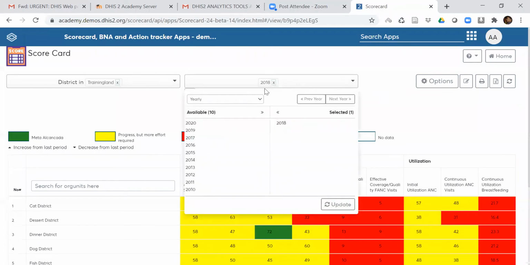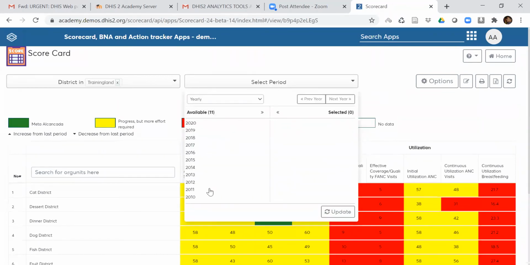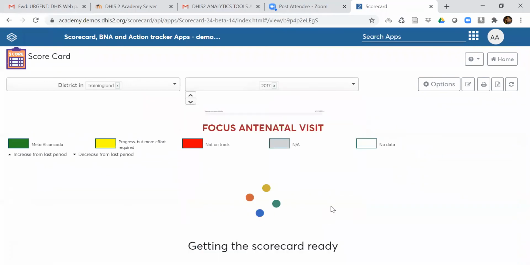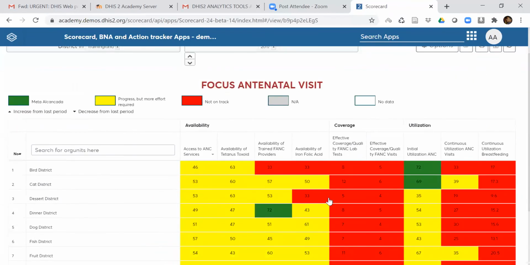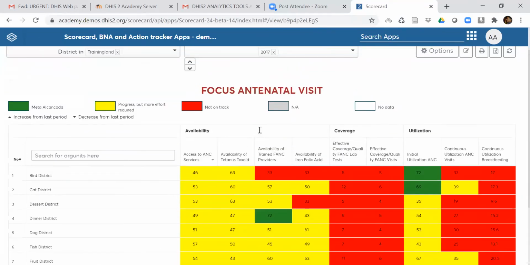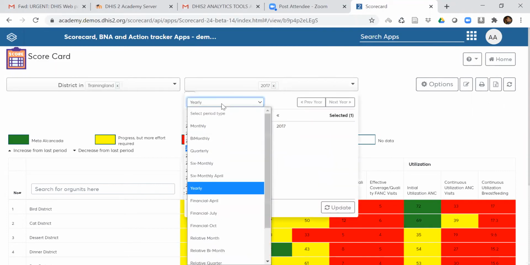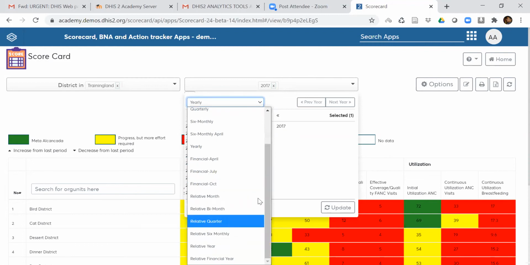For that, it is not very difficult. To change that, you have to do it from here. Apart from 2018, you can select 2017 and update. Then it will populate with 2017 data. That is one way. If you want to populate this with 2017 quarter one data, again in the same manner. And here also you get these relative periods.